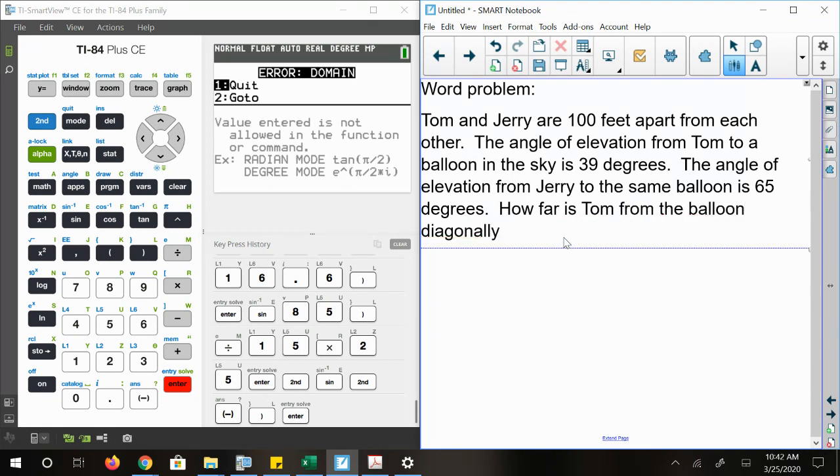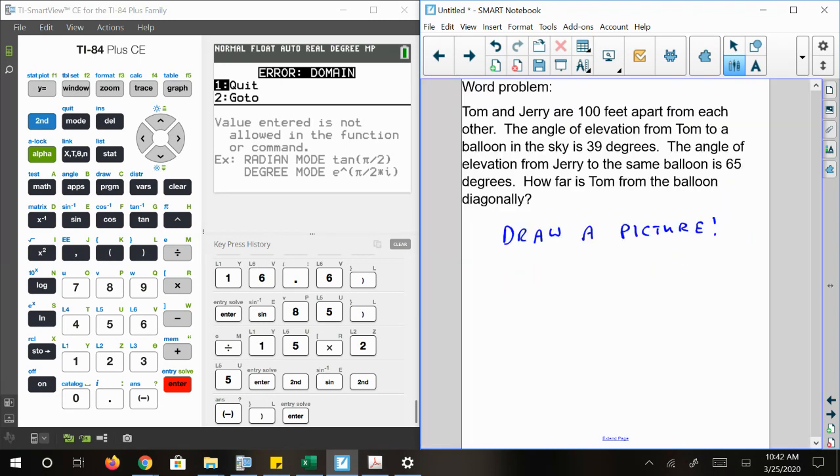Now, as is the case with most word problems, the best way to start this is by drawing a picture. So let's draw a picture. Here's Tom, here's Jerry, here's a balloon.